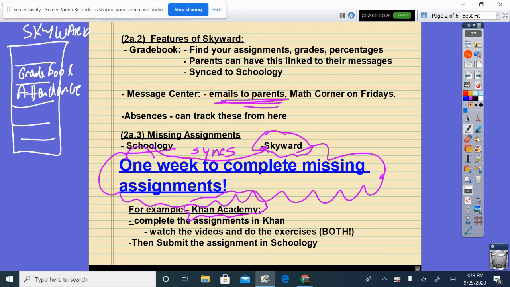So I have a Google Doc in there that says, yes, I have watched the videos and completed the exercises in Khan Academy. If you don't submit an assignment in Schoology, I can't give you a grade. Until then, it's going to be considered missing. So go to Schoology, read the instructions, follow the assignments. And the big one: if you have any missing assignments, you have another week, October 3rd, to get them done, or they're just going to become zero for the rest of the semester.